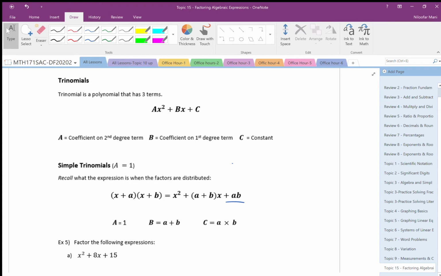So I'm doing topic 15, which is about factoring, and now I want to talk about factoring polynomials when we have just three terms. Three terms in this way: one of them is squared, one of them is power 1.